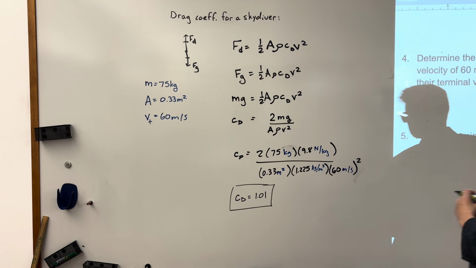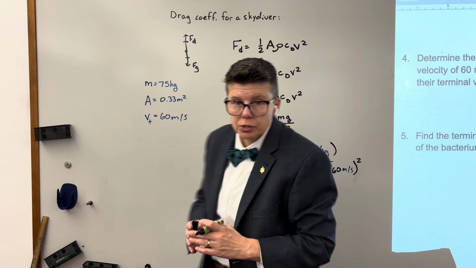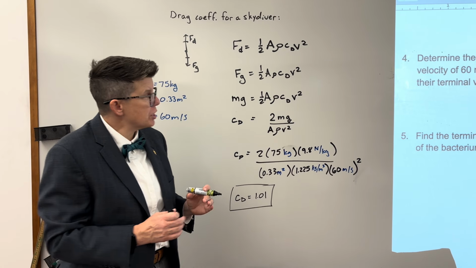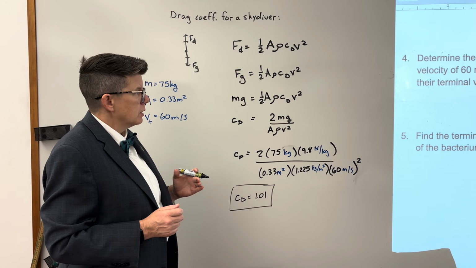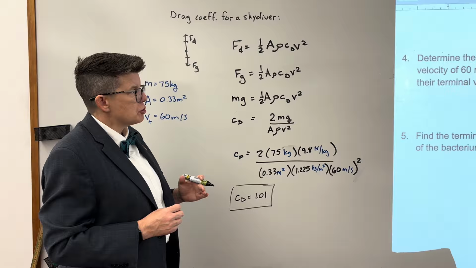By how much would the skydiver need to reduce their projected area so as to double their terminal velocity? How would they accomplish this?